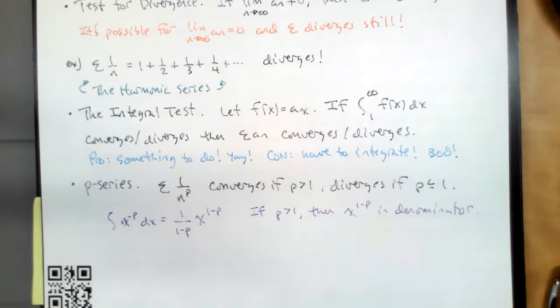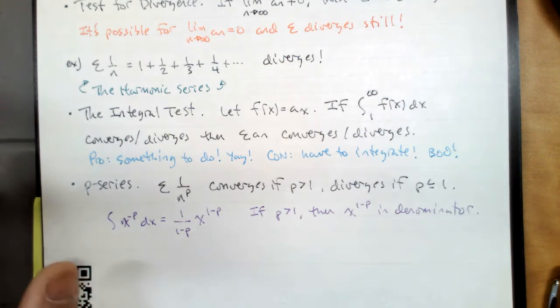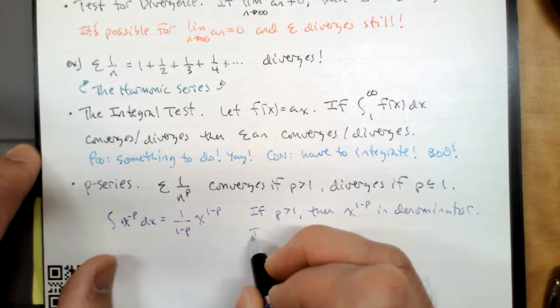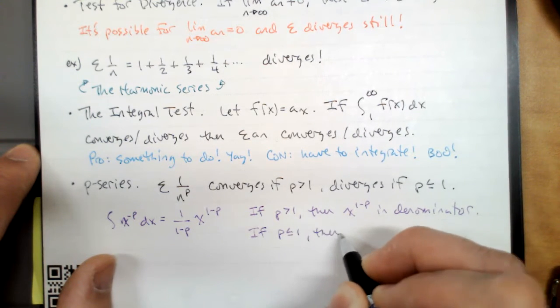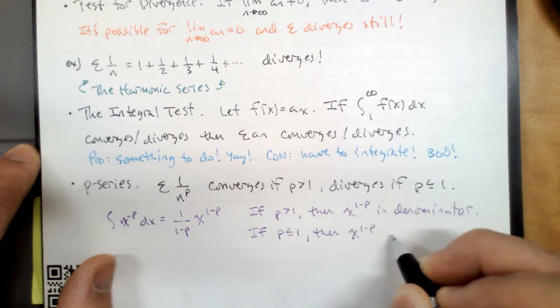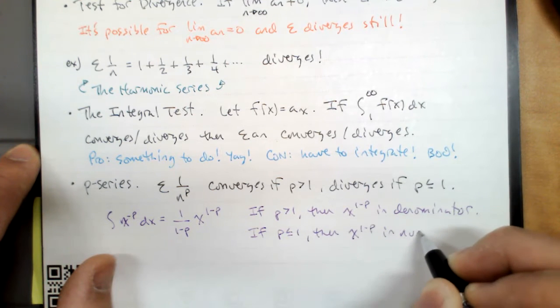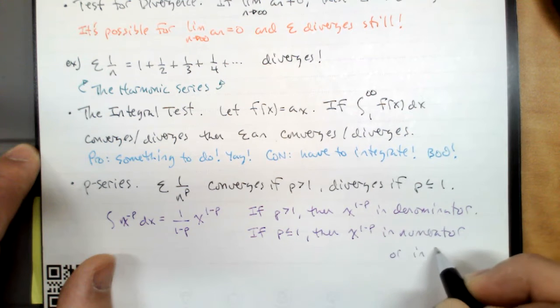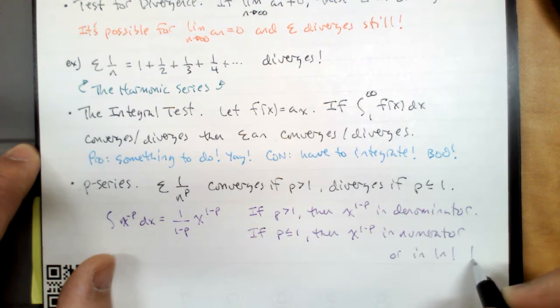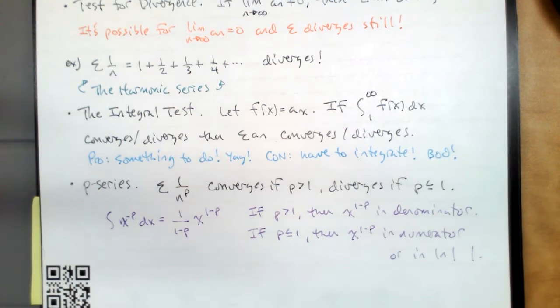And if p is less than or equal to 1, then x to the 1 minus p is in the numerator, or in a natural log, both of which will go to infinity.